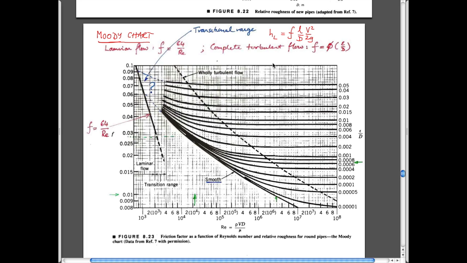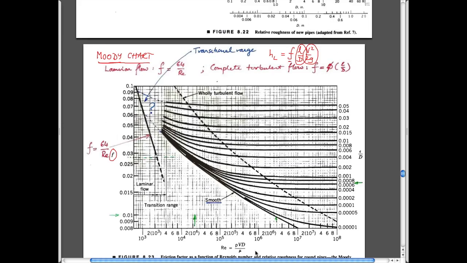And so if we have any pipe in our hand, we can certainly get the length to diameter just by measuring it. If we know what the flow velocity is along it, we have this term as well. And so the only unknown really is this scaling parameter, which says how big the frictional loss is. F is for friction factor. And so the magnitude of this friction factor is given here as a function of these parameters.